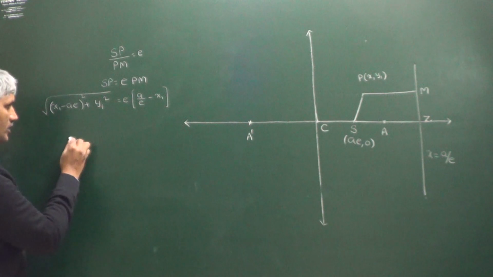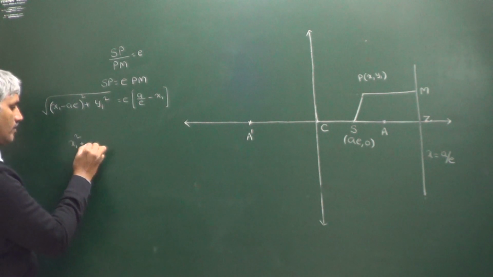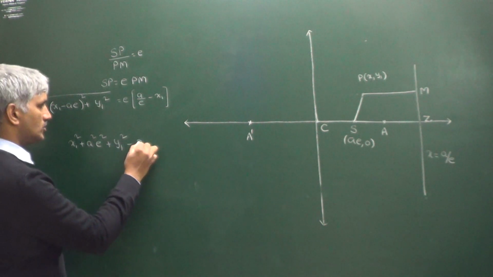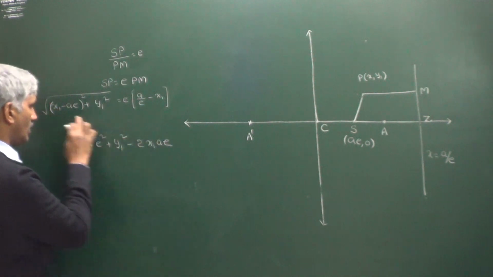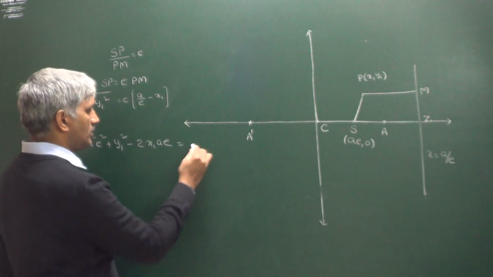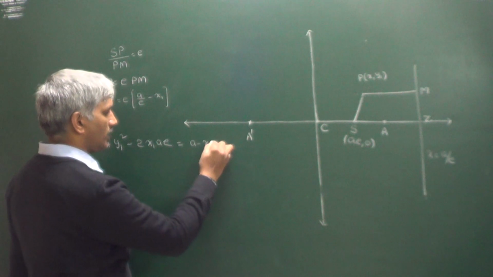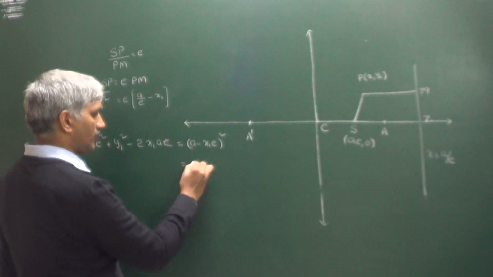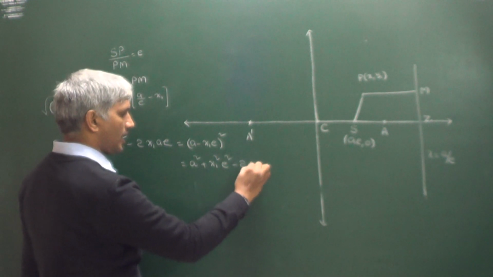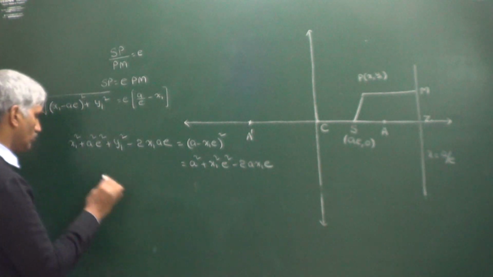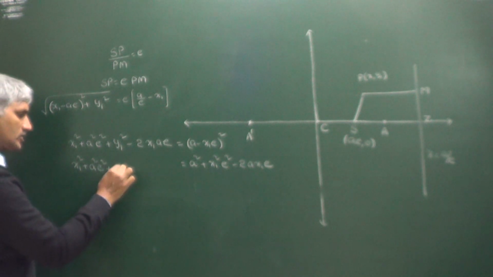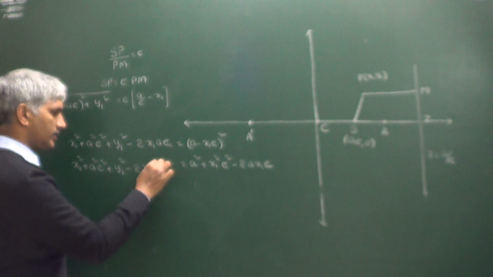Now further simplification we can do. x1 square plus a square e square plus y1 square minus 2x1 ae, using a minus b whole square equals a square plus b square minus 2ab, is equal to a minus x1 into e whole square. Now the simplification: a square plus x1 square into e square minus 2a x1 e is equal to x1 square plus a square e square plus y1 square minus 2x1 ae.